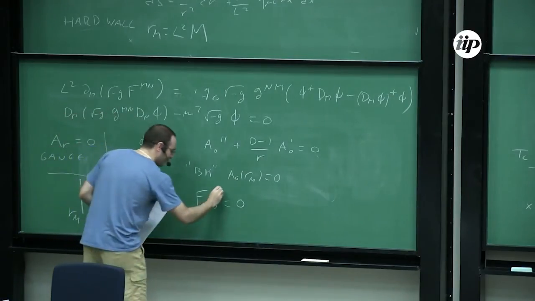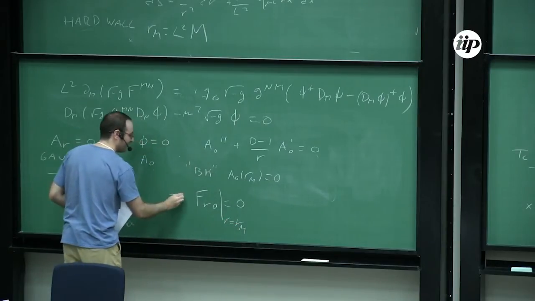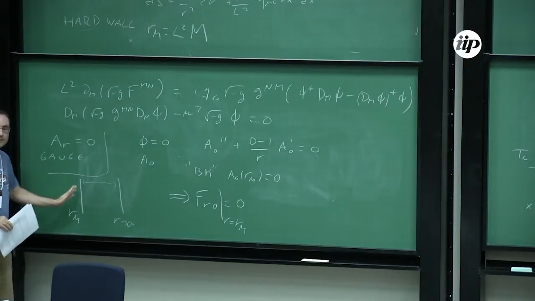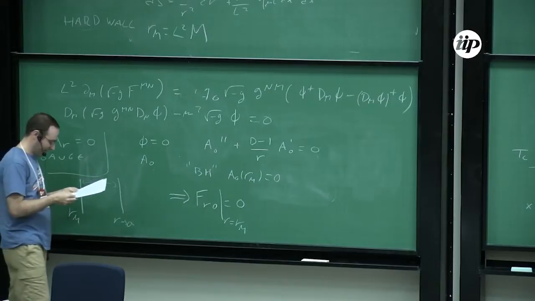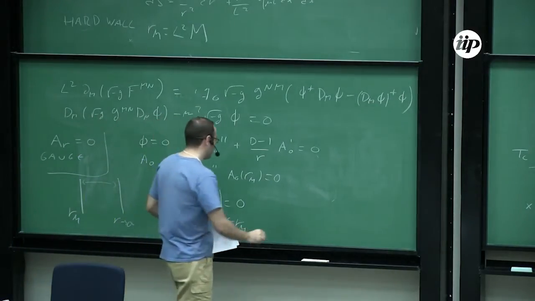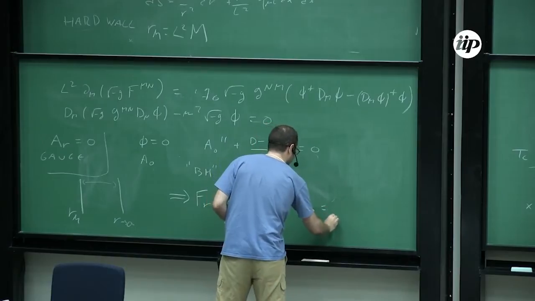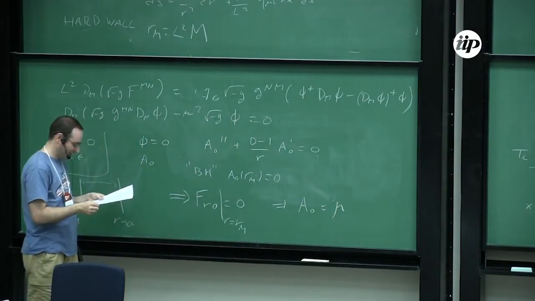So the field strength at the hard wall is going to be 0. This is going to be the condition I take, which just means there is nothing behind this. And then with this boundary condition, the solution for the gauge field is just that it is a constant. It's equal to the chemical potential.